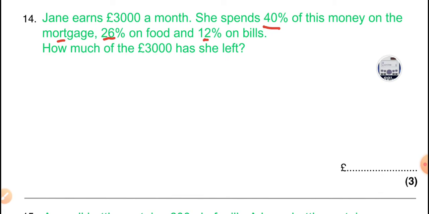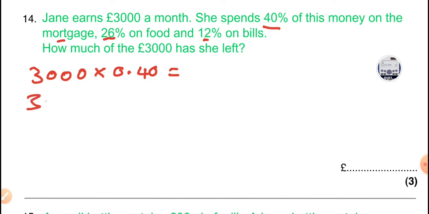The first way is you can work out 40% of 3,000. So 3,000 times by 0.4 would give you 40%, or 0.40. I don't really need the 0 there, but if you wanted to, just for illustration, I'm just writing it down.